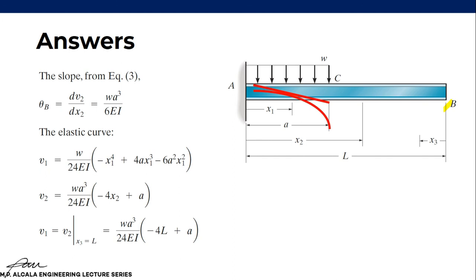I'm just looking at this, what you call this, exaggerated, but the slope will be the same. Take note of that, class. So using equation 3, the slope at B is simply WA cubed over 6EI.